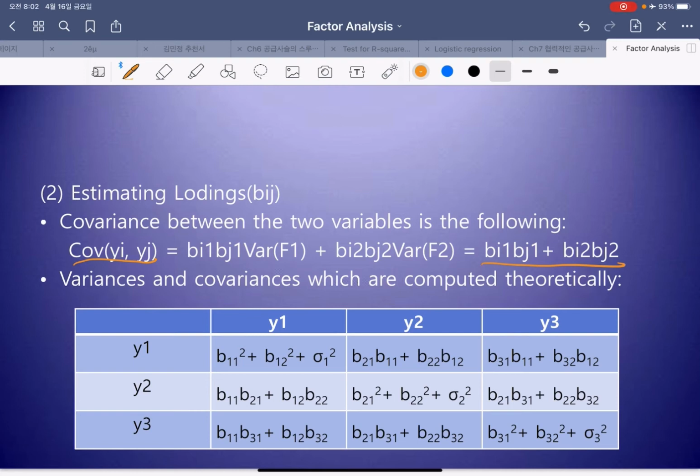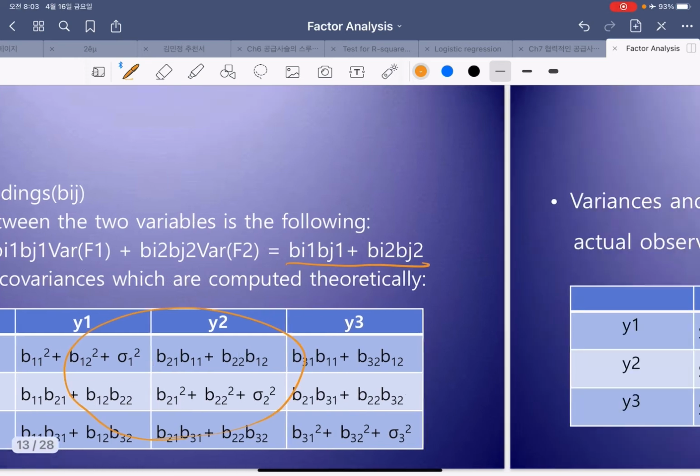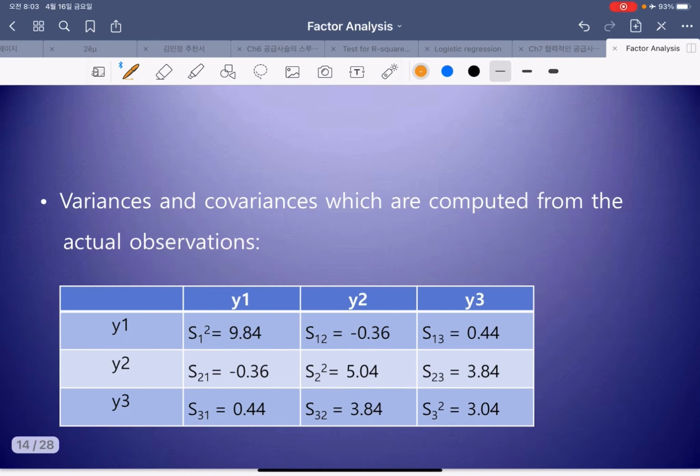By using this, we create a theoretically computed variance and covariance table like this. And if we use the actual scores for 3 subjects, we can compute the variance and covariance like this, right?